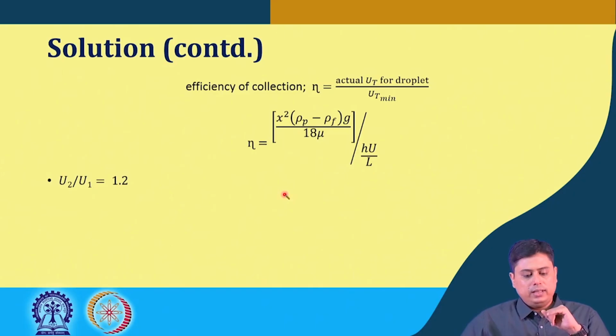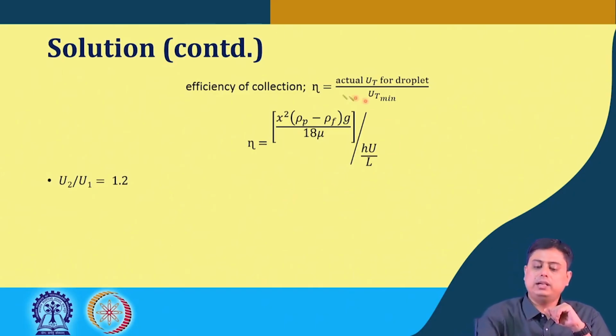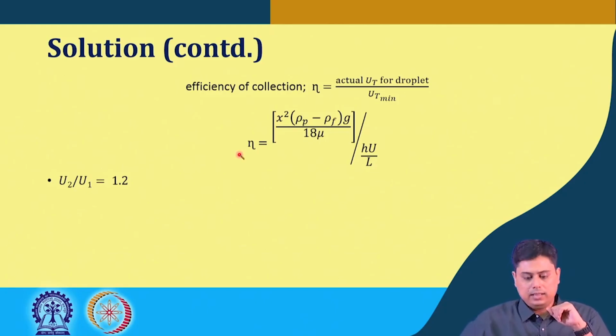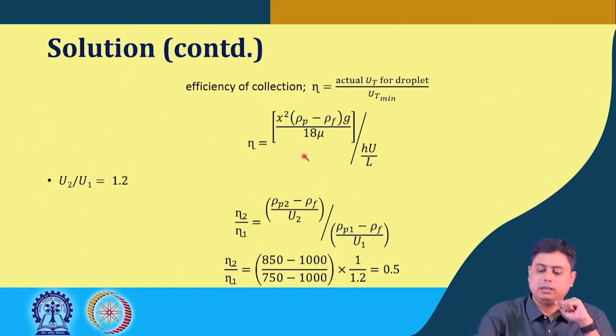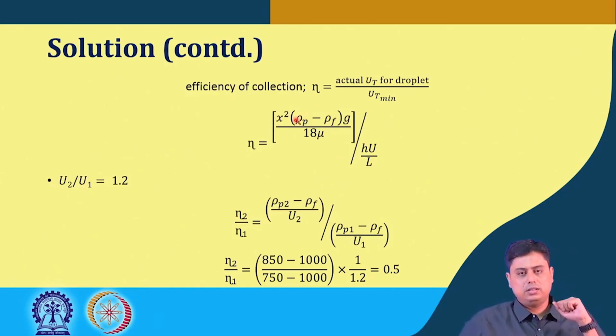What would be the efficiency at the second point, the modified state, we can have in this ratio, because all other parameters are constant except this rho p, which is changing because the oil density has now changed from 750 to 800.